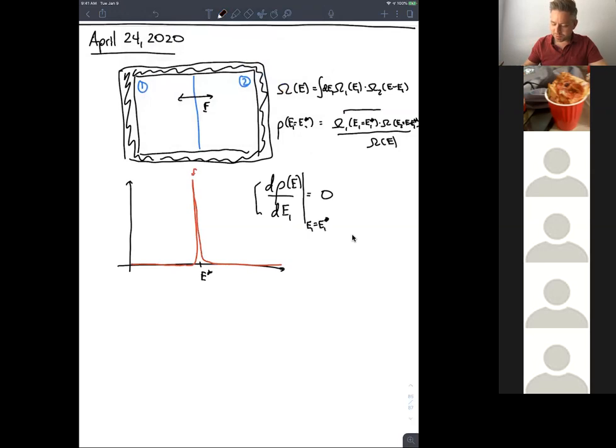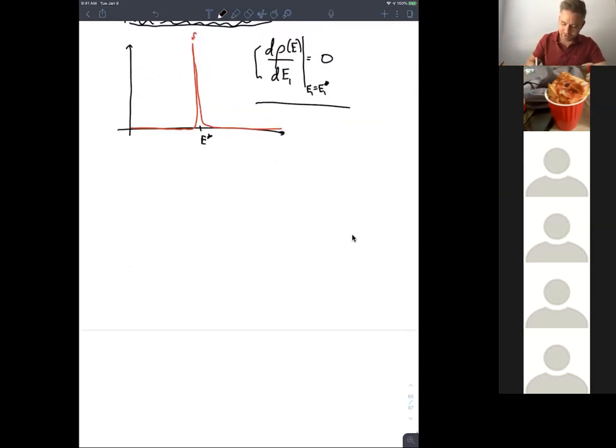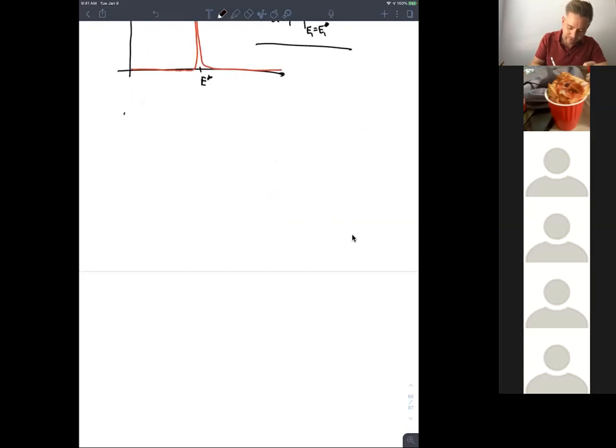Because rho is a product of two things, because of the chain rule, you wind up getting a sum of two things. All right, and so this condition led us to this statement, like so, and evaluated at the maximum.